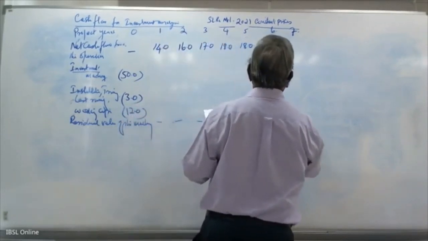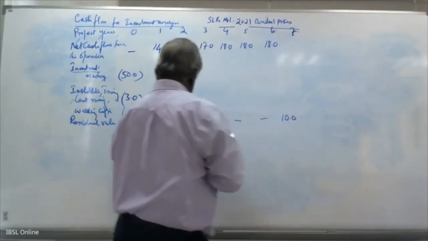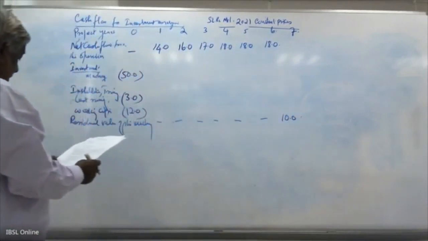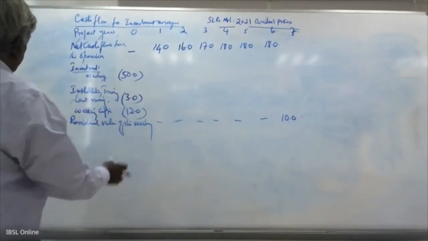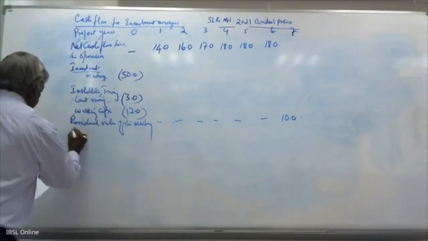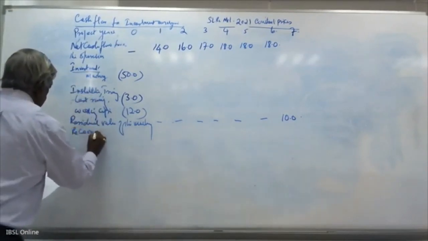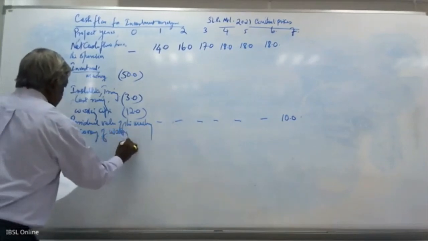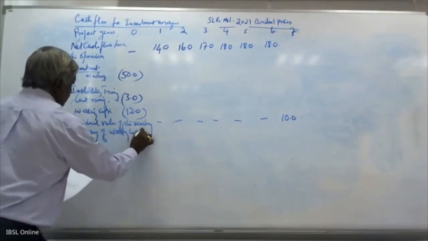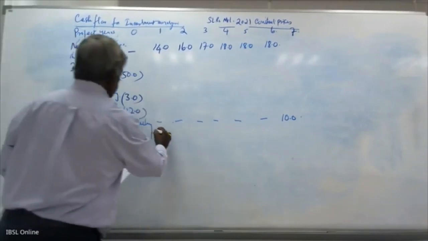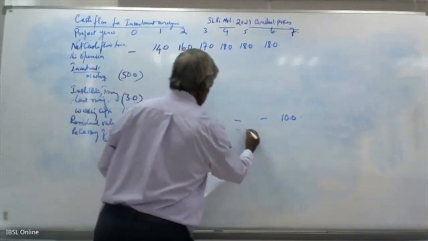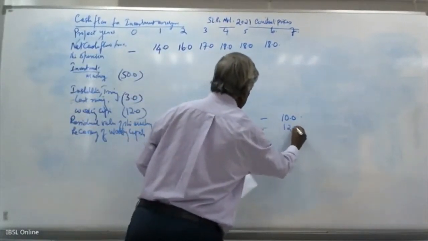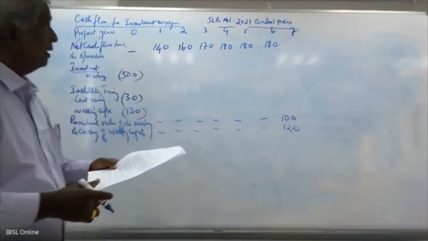So that is cash inflow. Then working capital also, recovery of working capital, 12 million, so 22 million.